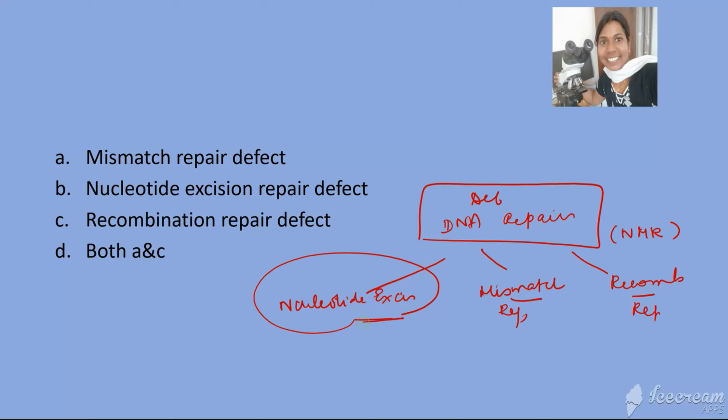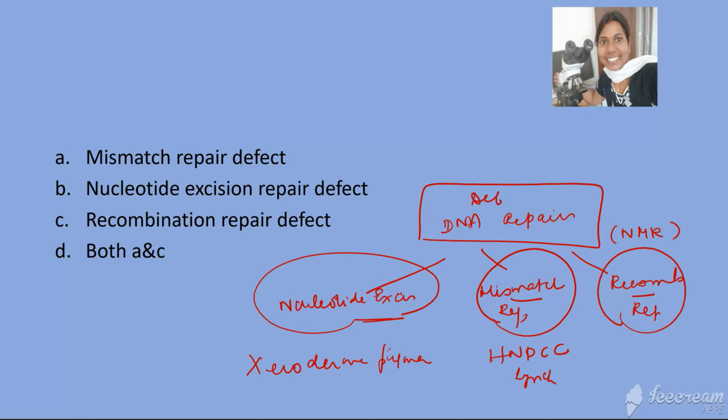So if it's due to nucleotide excision, you can get a condition called xeroderma pigmentosa. Okay, when you have defect in the mismatch repair genes, you have certain genes which are going to repair the mismatch. If they are defective, you can get something called HNPCC, hereditary non-polyposis colorectal carcinoma, or the Lynch syndrome.